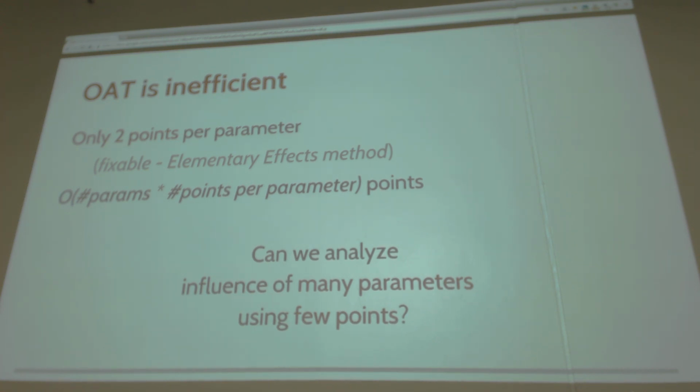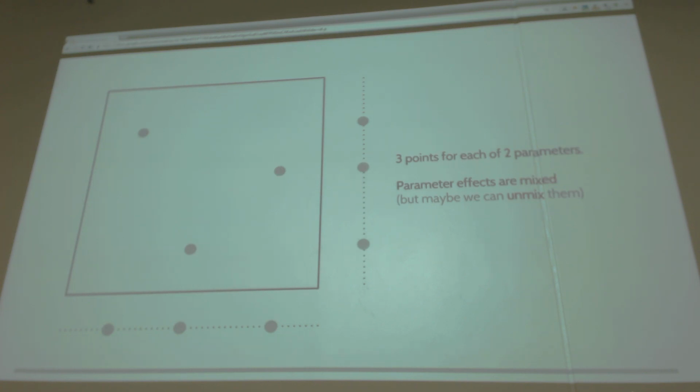So the question arises, can we do better? Of course we can, otherwise I wouldn't be giving this talk. And here's an idea of how to approach that. Suppose you have 2 parameters, x and y, and you would like to explore 3 values of x and 3 values of y. One way to do it is to draw this kind of triangle.